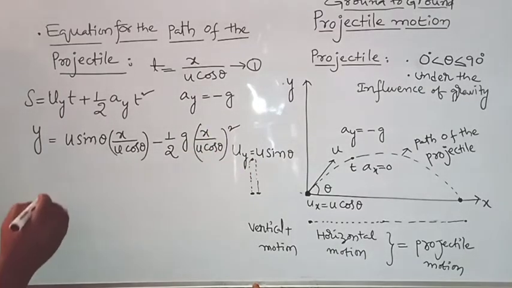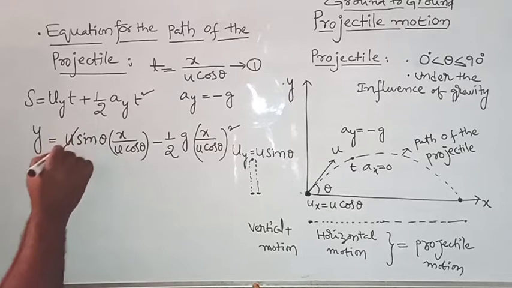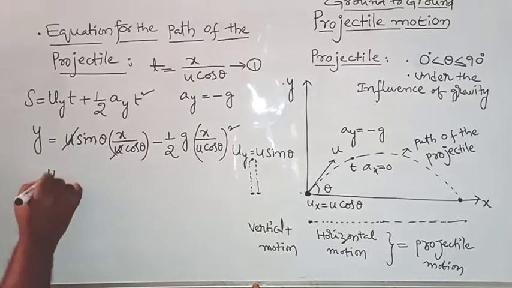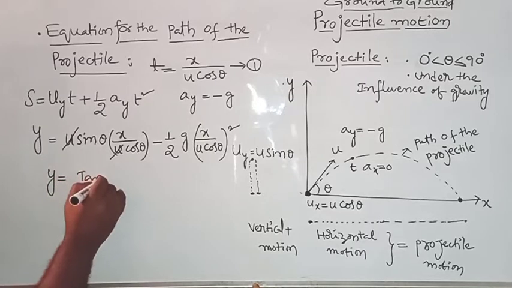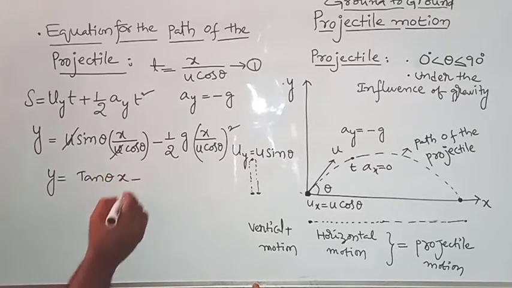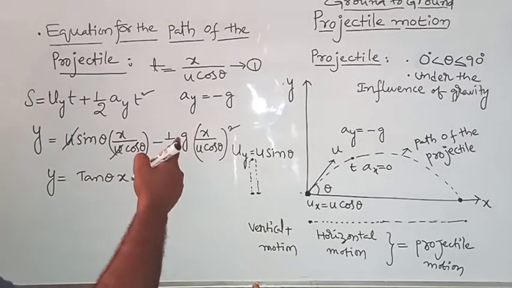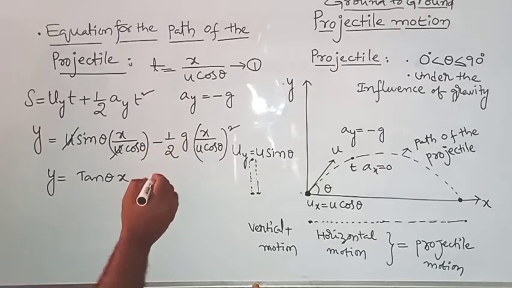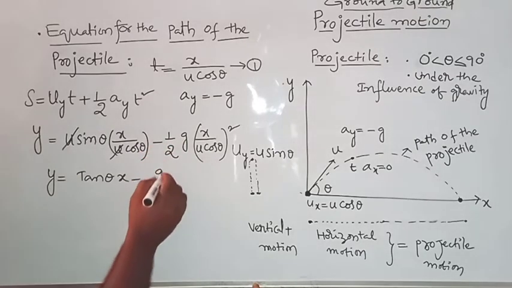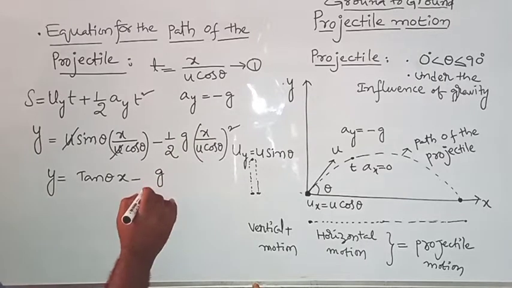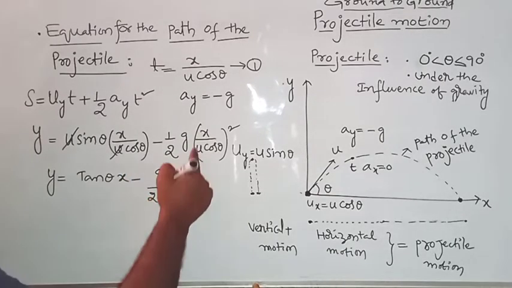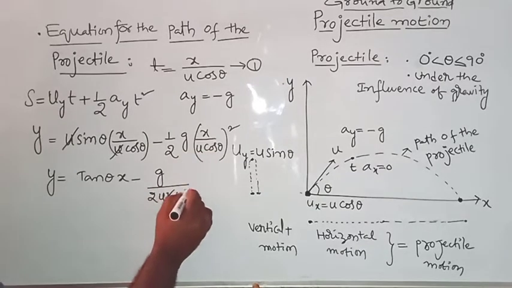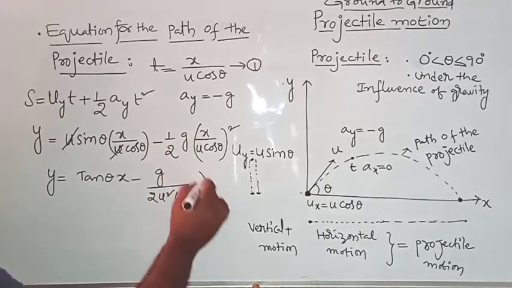Now simplify this. u gets cancelled, y equals sin upon cos, tan theta into x, minus g upon 2 u square cos square theta into x square.